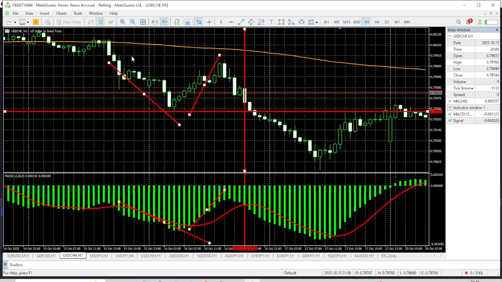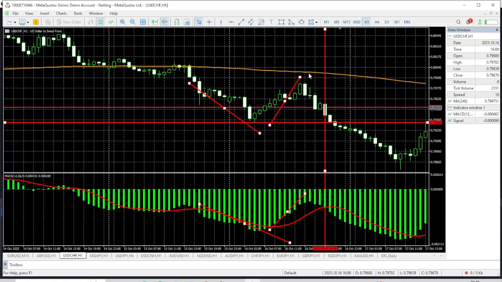You are safe by putting it there, or you can choose to put it just above the pullback. In case you are selling, it should be 3 to 5 pips above the pullback. Of course, that is not the best. Our best is that you should go above the EMA 240, and it should be in such a way that you are not going to lose more than 1% of your account balance. Please don't forget this.